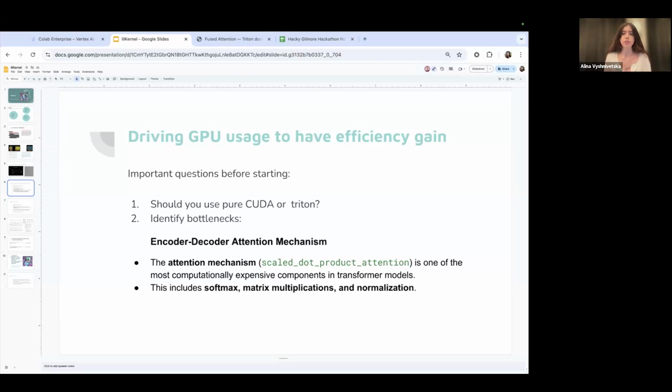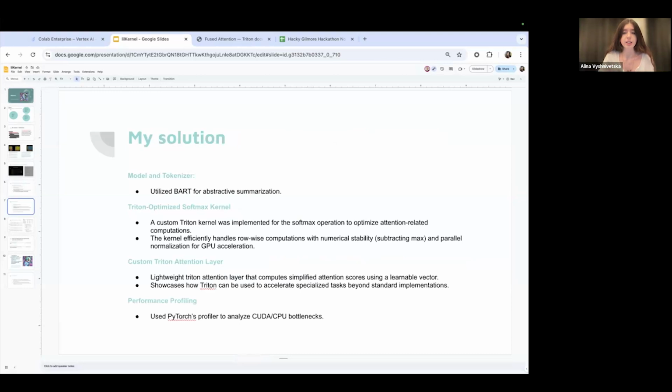Because they have an encoder and decoder. And actually, in the encoder-decoder mechanism, the main bottleneck is softmax, matrix multiplication, normalization functions. If they are not parallelized efficiently, they can cause slowness in performance.